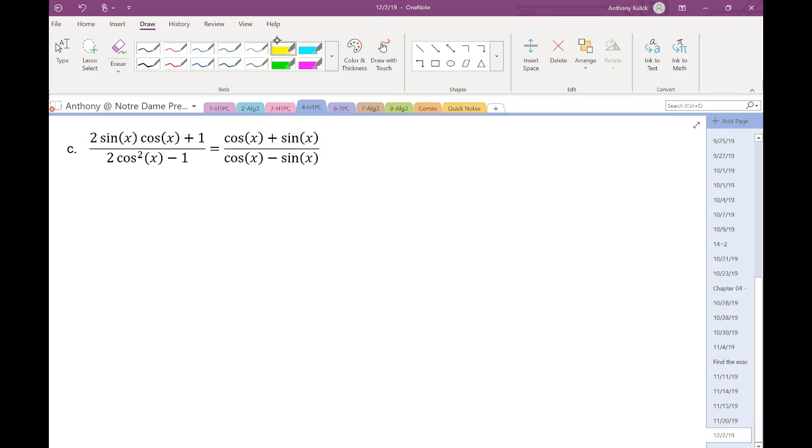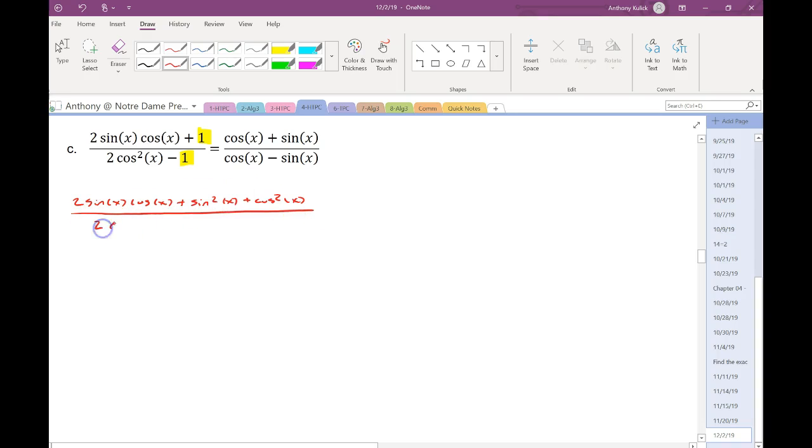Here's the problem. To get the right-hand side to work out requires something kind of sneaky to do. I'm going to rewrite 1 as sine squared plus cosine squared. And that's rough.